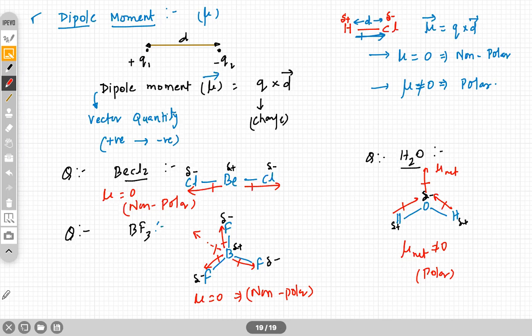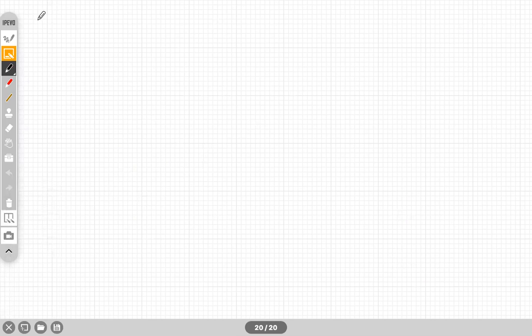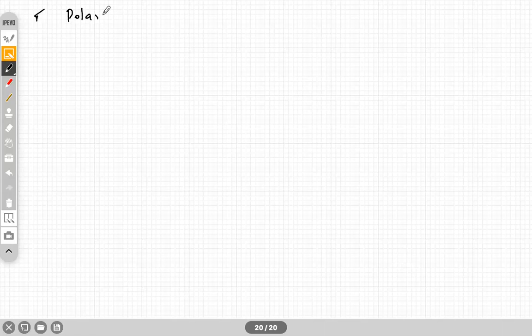Okay. The next one you see, write down the heading, polarization. Okay, write down the theory here, 2-3 lines, and then we'll discuss. Right, polarization is defined in ionic bond.